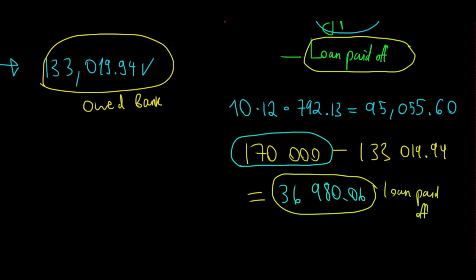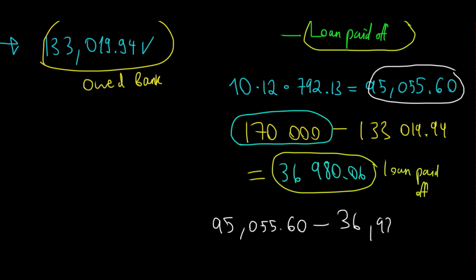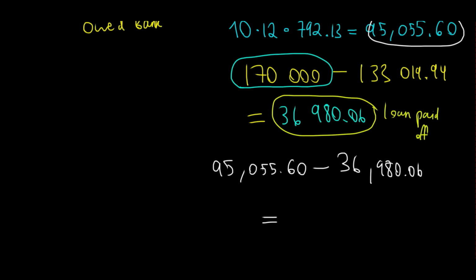Remember the money that I actually paid, 95,055.60 minus how much I actually paid off, 36,980.06. The difference will give me the actual interest payments throughout that period that I have paid. It's going to be 58,075.54. That's the final answer, and that concludes the question.